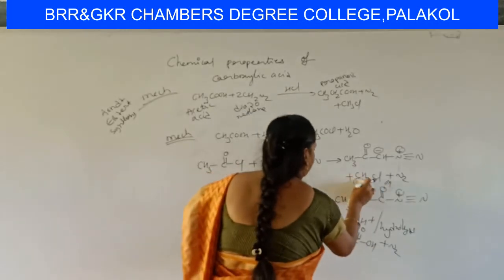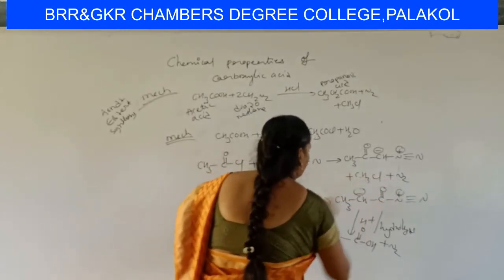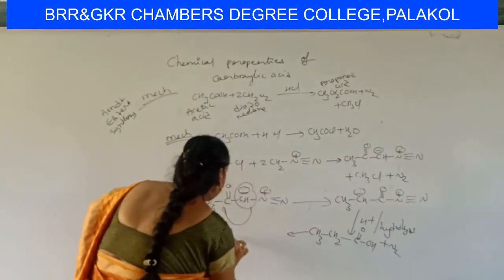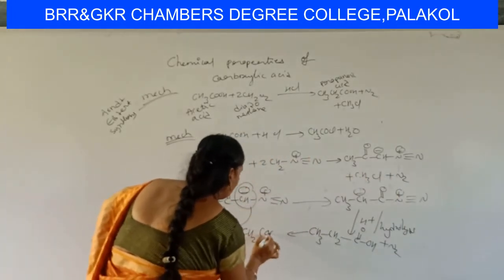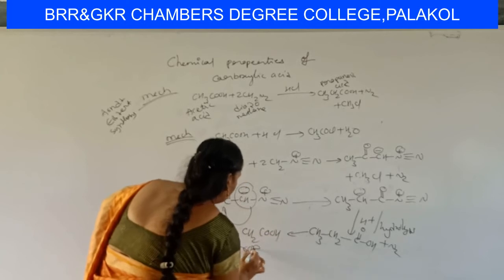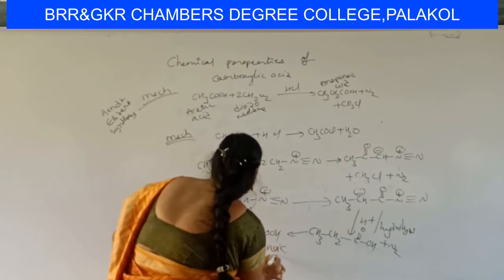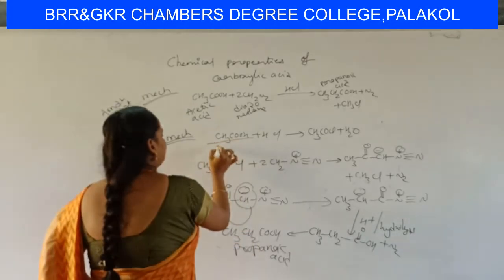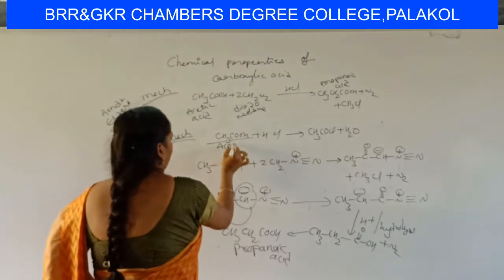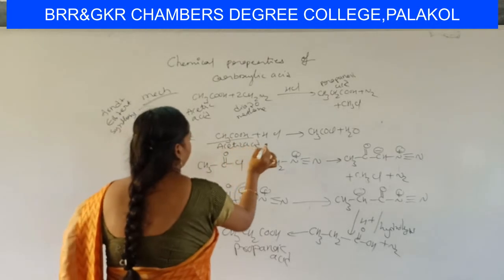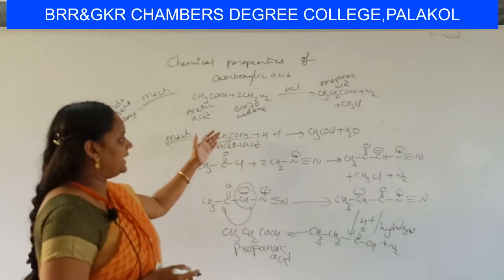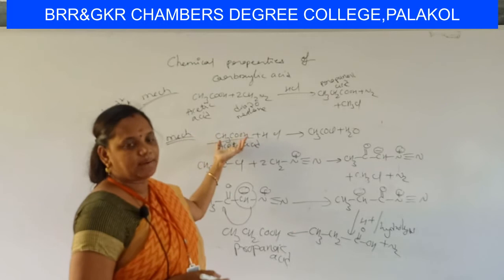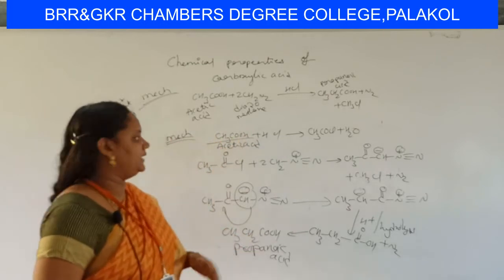Totally you will get CH3CH2COOH, which is propanoic acid. I have taken carboxylic acid, acetic acid, with 2 carbons. I got the product propanoic acid.